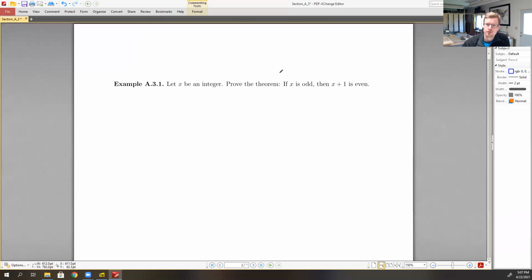In order for us to be able to demonstrate that a number is odd or is even, we need to know what the definition is, or how we can write each number. So what we use is the fact that m is even if and only if m can be written as 2 times some number where that number is an integer.